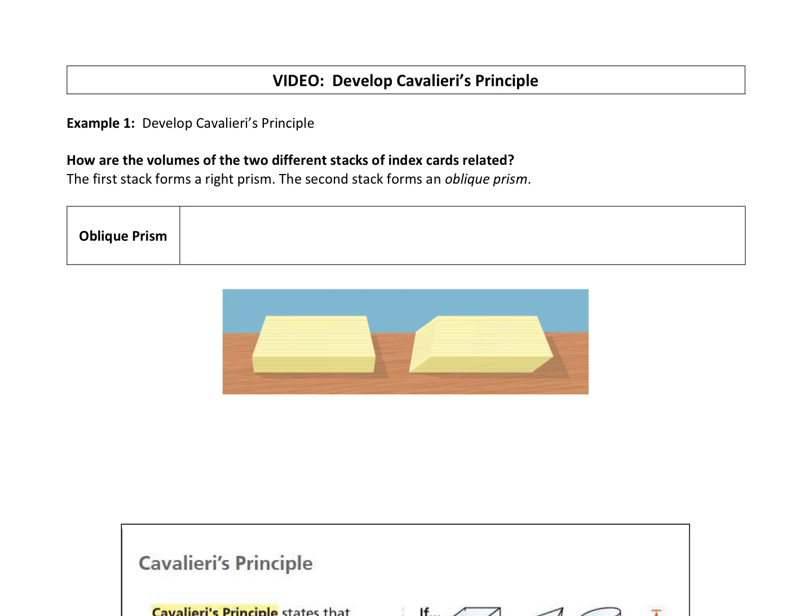So we will define this by saying that an oblique prism is a prism such that some or all of the lateral faces are non-rectangular. So this is another way to think about an oblique prism.